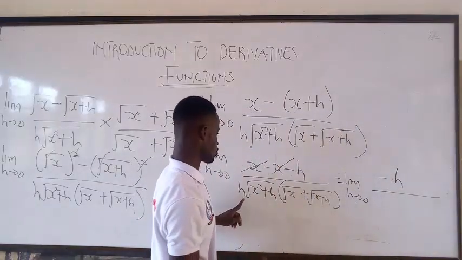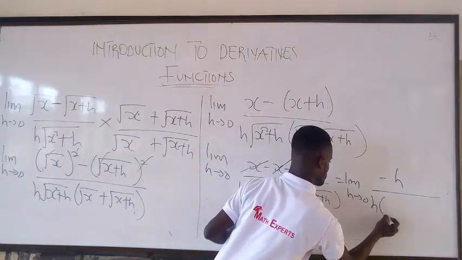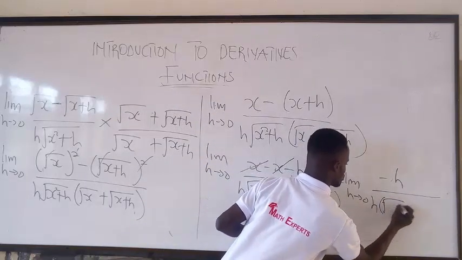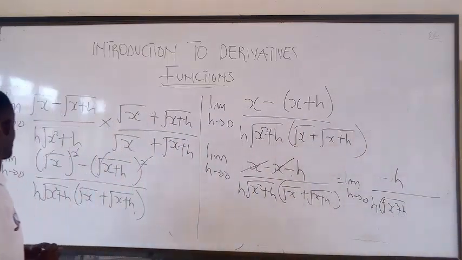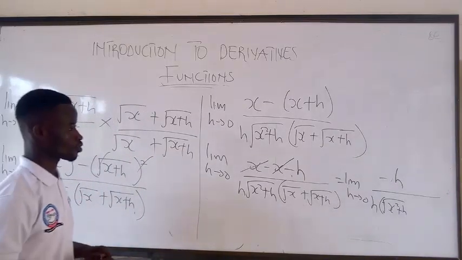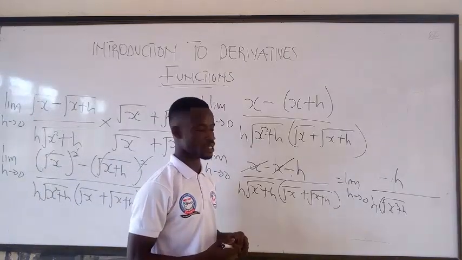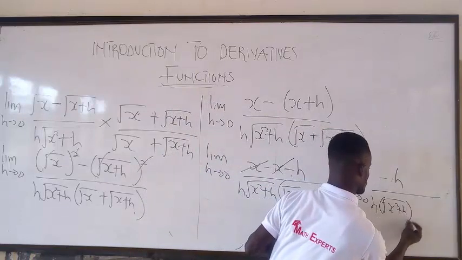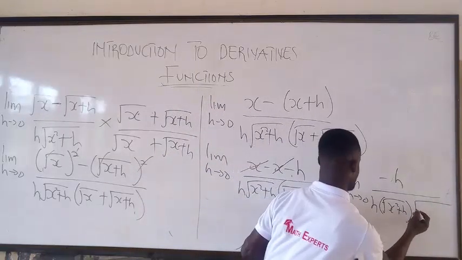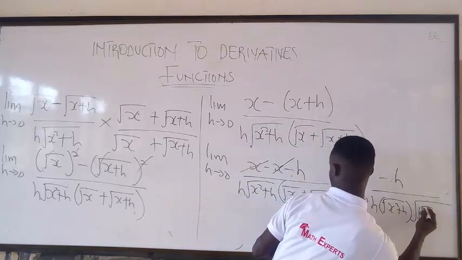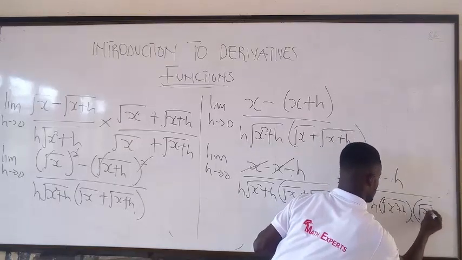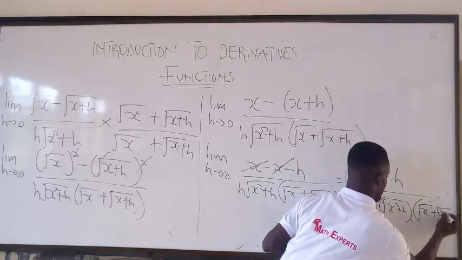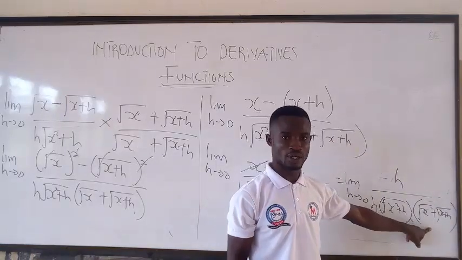Negative h over this h multiplying square root of x squared plus h, multiplying the x squared plus h. Sorry, I hope you can see from there.